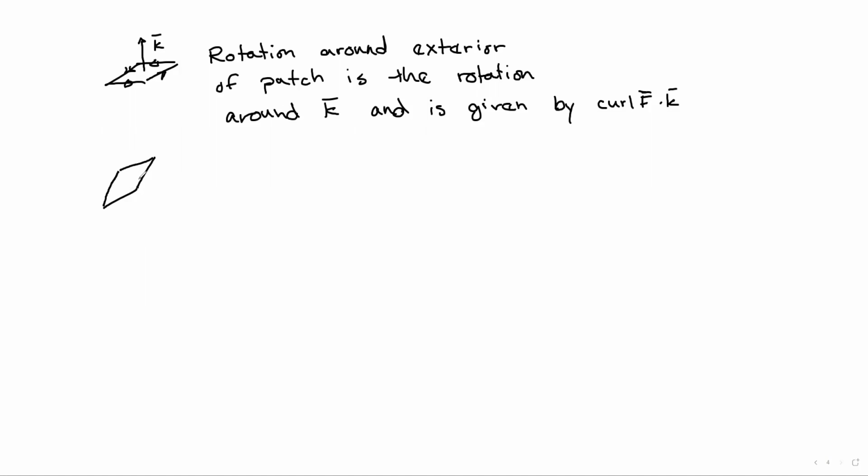Tilted so that it's basically kind of like a patch that's sitting on a surface instead. And we went through and said, here's the normal vector. Here's the rotation around the exterior.